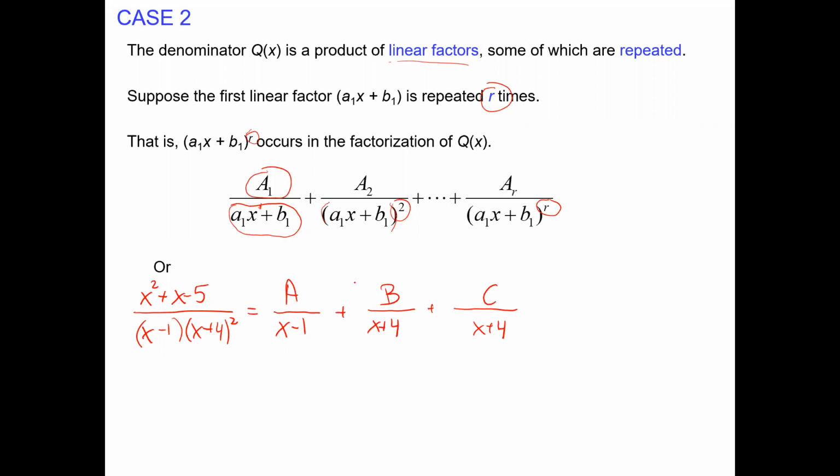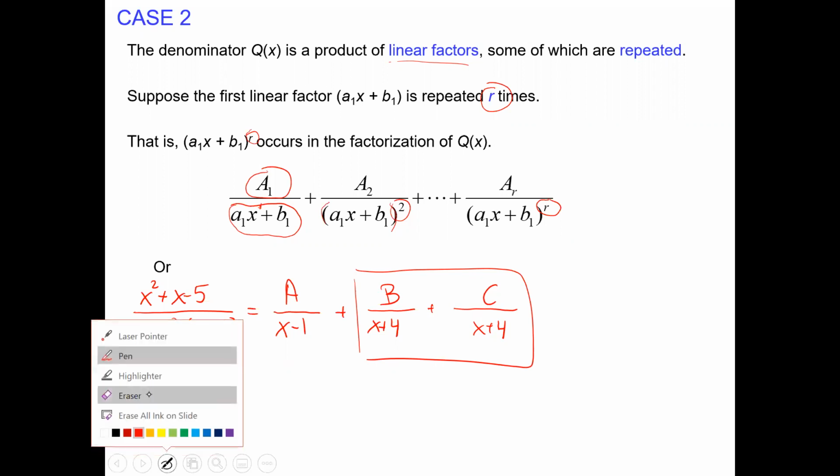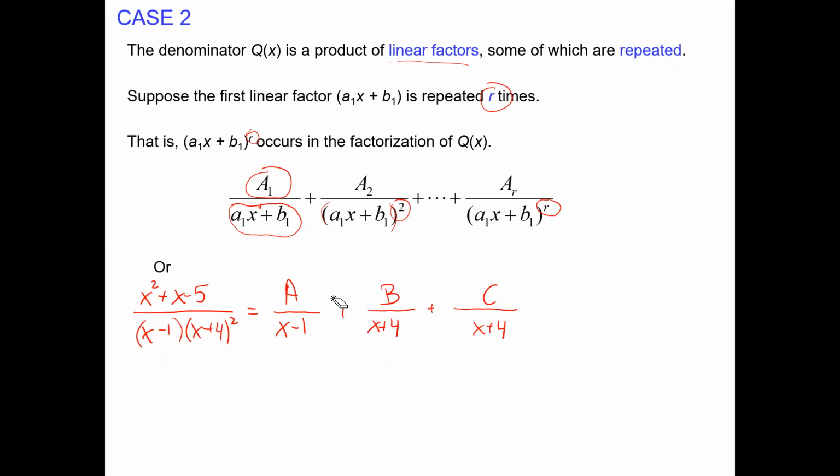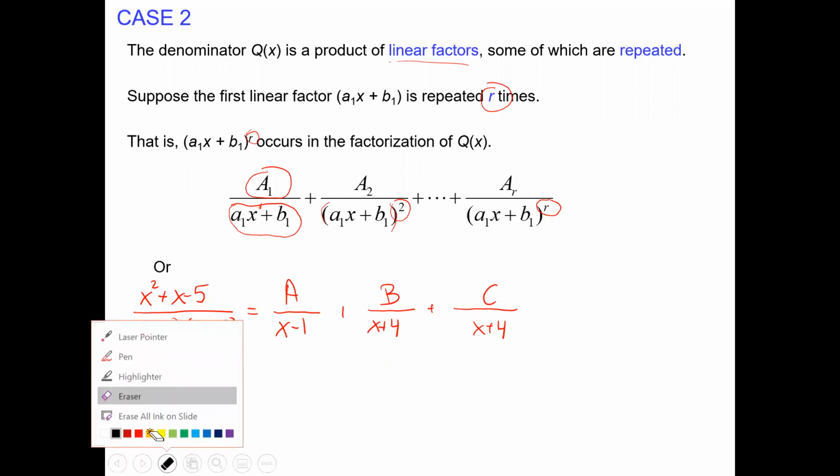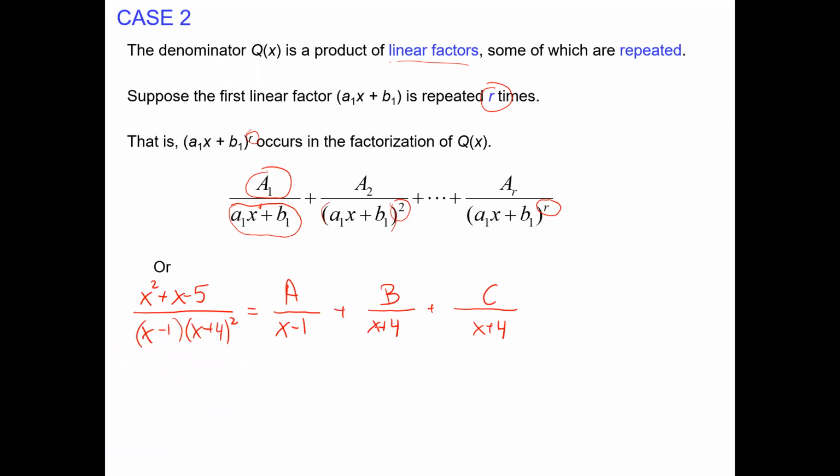However, when we look at this, yeah, they are the same. That means it doesn't make sense, because thinking backwards, the common denominator for this is just (x minus 1) times (x plus 4), which is not squared. Okay? That's the reason that we have to take the second factor of the repeated one to the power of 2.